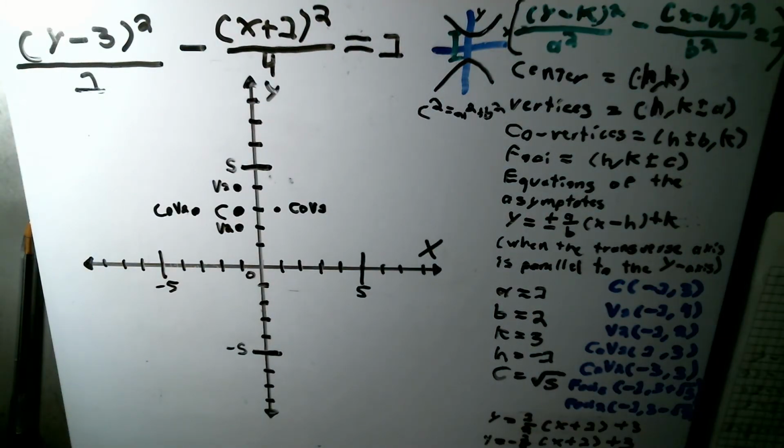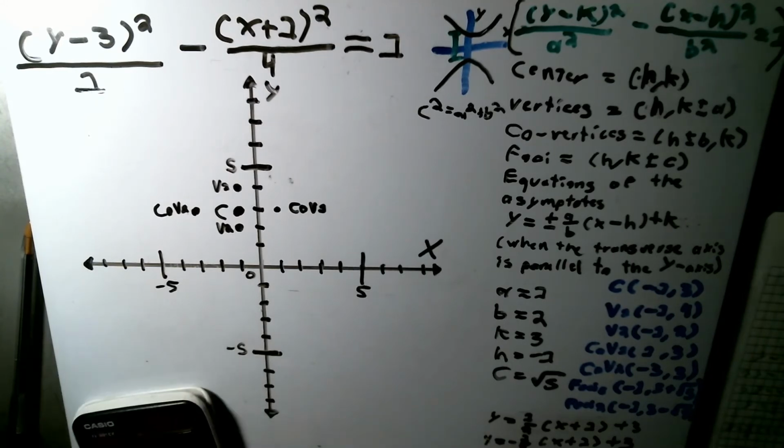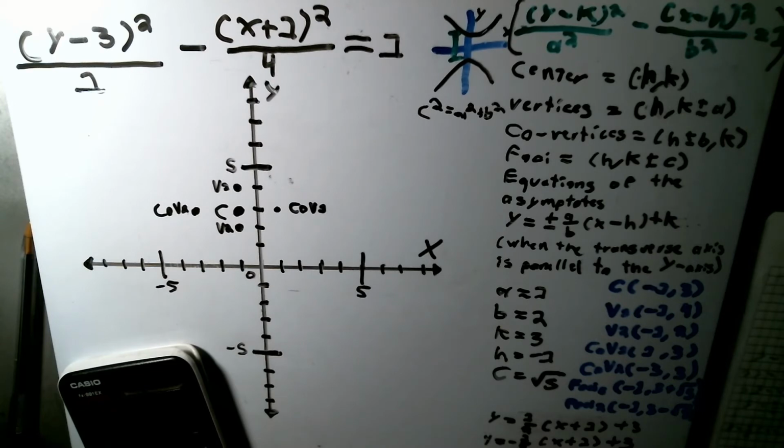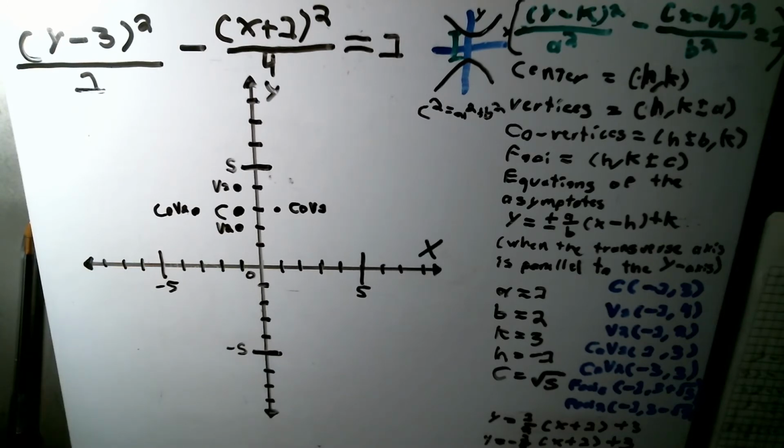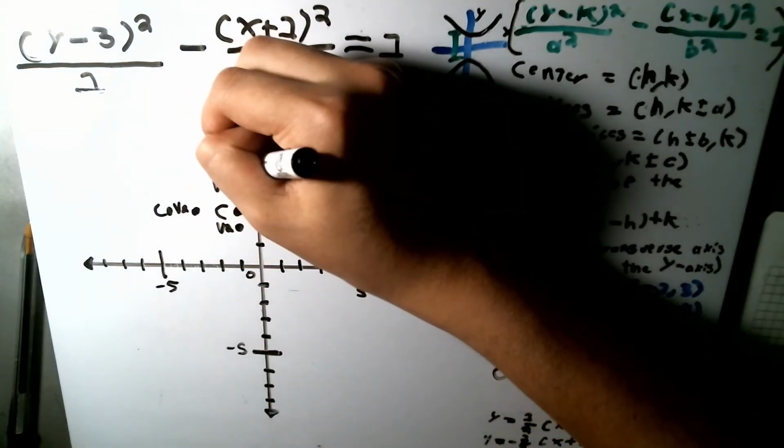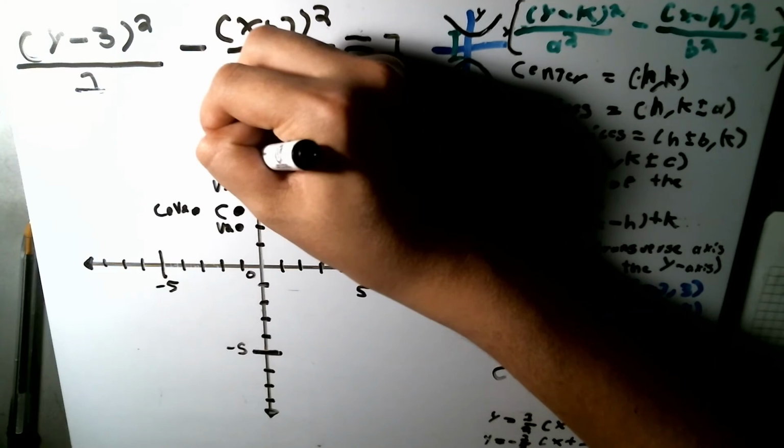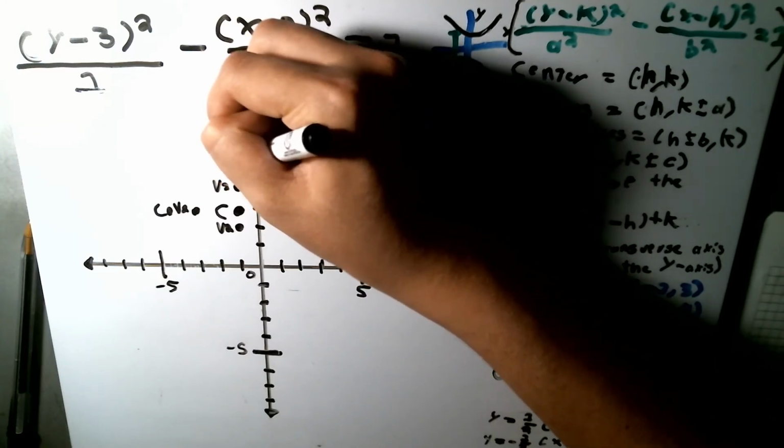And the other thing that we have is the foci points, which is minus 1 comma, let's see, 3 plus root of 5, which is 5.23. Minus 1 comma 5.23, which will be close to a fourth.